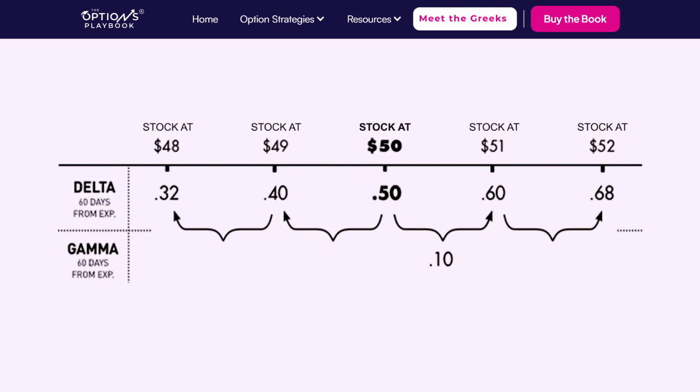So in that next point movement, when the stock goes from 51 to 52, we see that our delta went from 60 cents, now we're getting deeper in the money, so it's going to increase, and it went to 68 cents, implying that the gamma was a little bit smaller than it just was. And instead of a 10-cent movement in delta, we're seeing an 8-cent movement in delta.